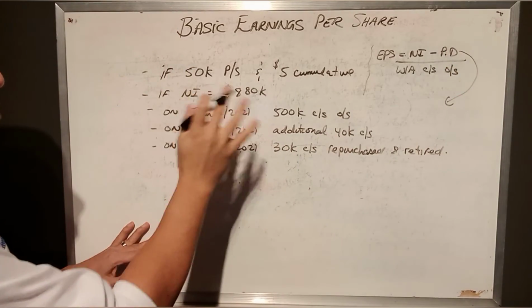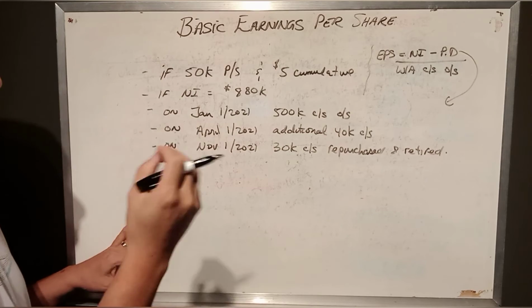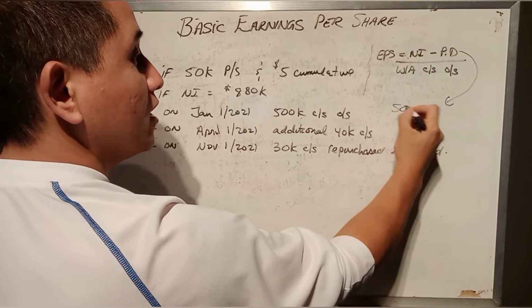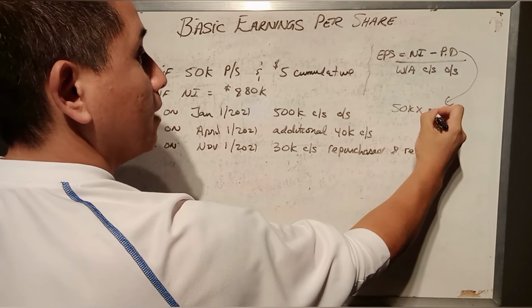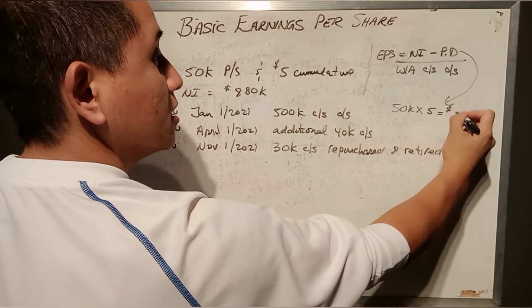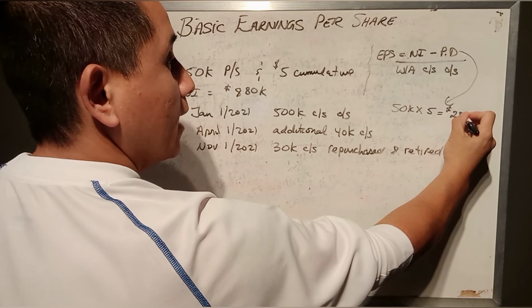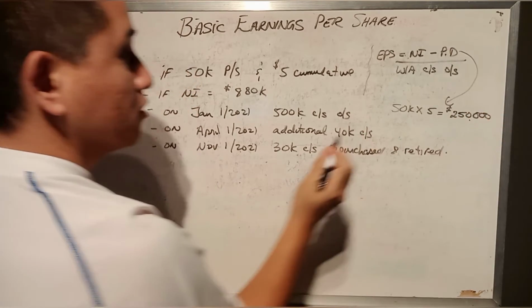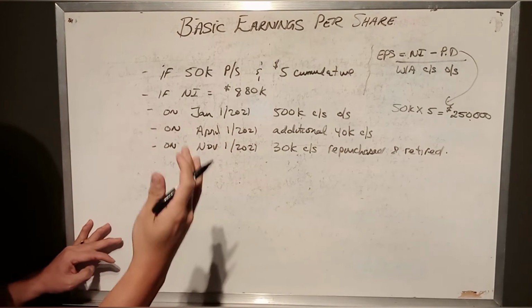We have to calculate the preferred dividends. Remember, it's preferred dividends that are declared or cumulative. It's $5 cumulative, therefore it's 50,000 multiplied by $5. That would give us a total of $250,000 that we would have to subtract from net income in the numerator.